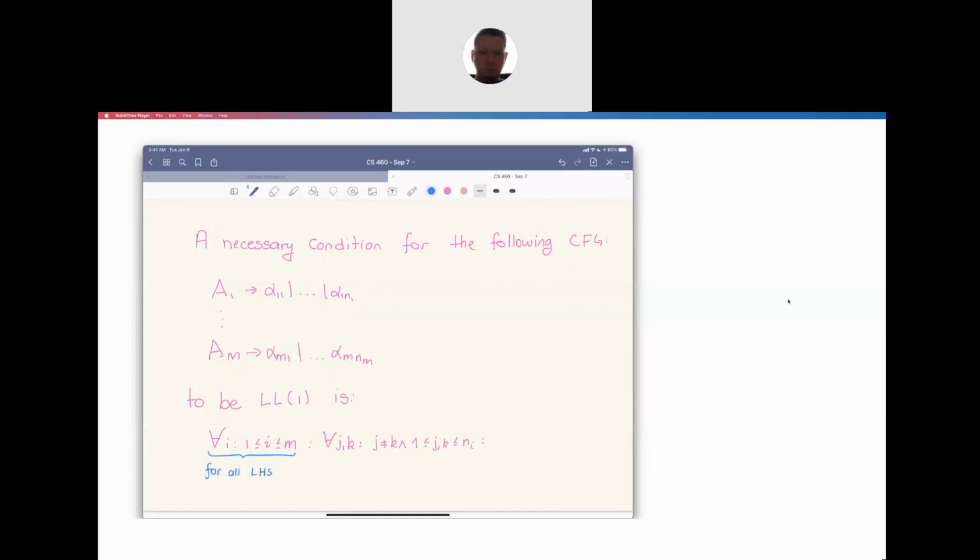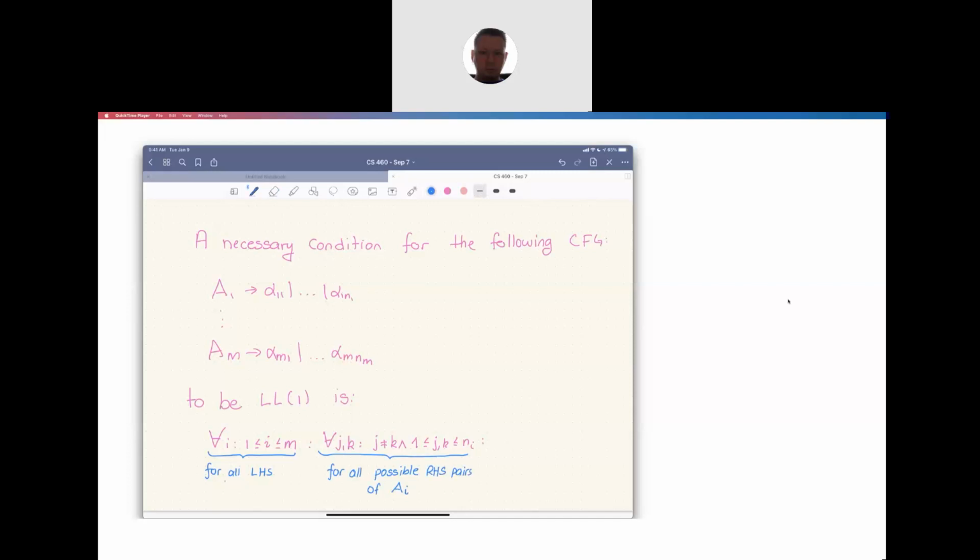So this says for all possible right-hand side pairs.